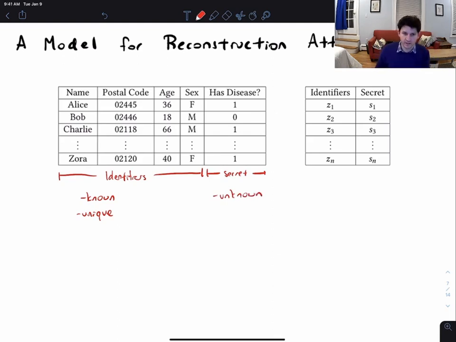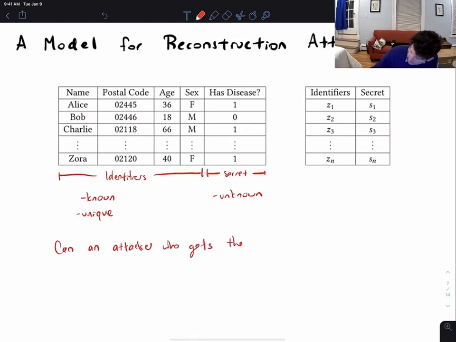Okay, so the question phrased in this model is, can an attacker who gets the identifiers and some statistics involving the secret reconstruct the secret?